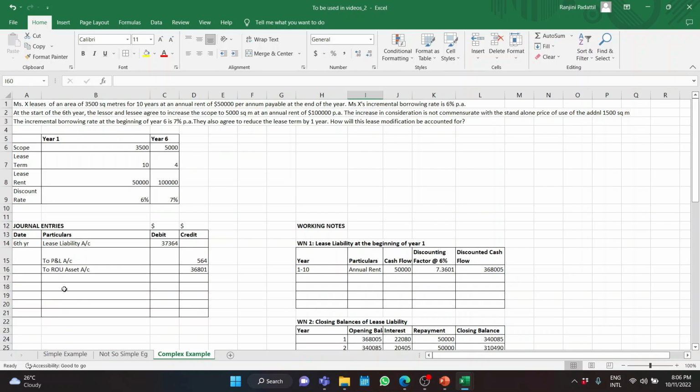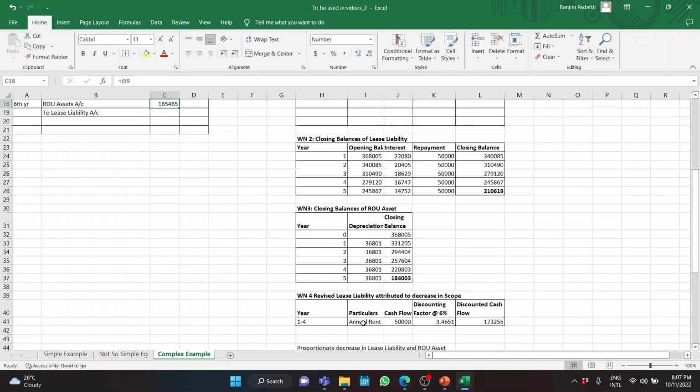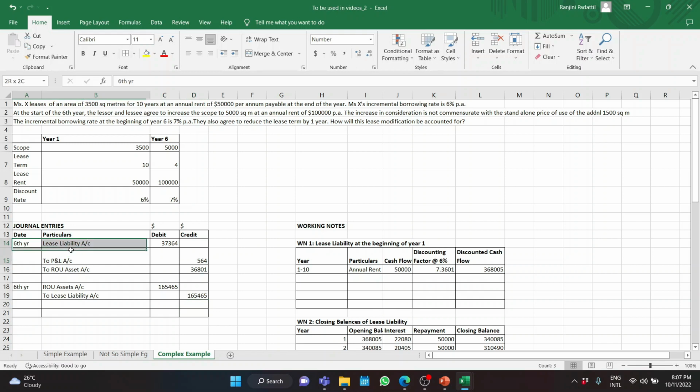The entry is also passed at the beginning of the 6th year is ROU assets account debit to lease liability account 165,465.